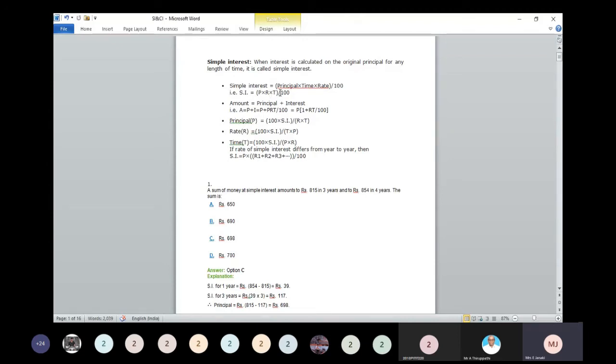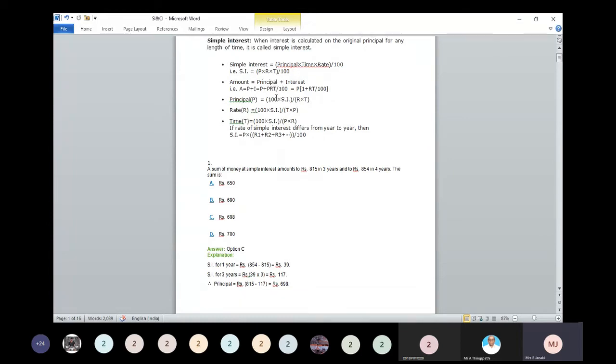Here we have four things: simple interest, principal, rate of interest and time. To find one of the values from these, you can use this formula, and calculate the rate of interest or time or principal value.